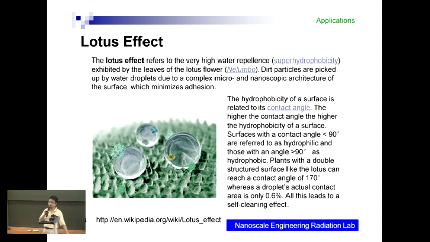So how are we going to prevent it or clean it? You don't want to hire or recruit somebody to clean the solar cell on your roof every day, right? So how are you going to do it? You use the Lotus effect. You make nanostructures on top of those transparent films or glasses.